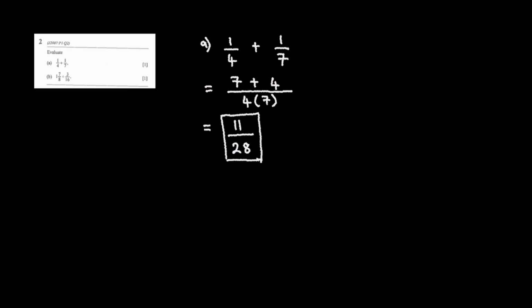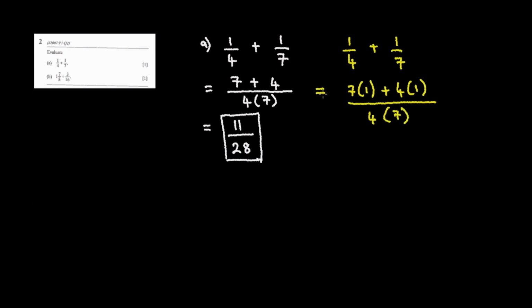Now we do have a quicker way of going about this, which is not so much traditional or conventional, but gets you to the answer. So what you do is you take this 7, you multiply by 1, so it's 7 times 1, plus you take this 4, you multiply by 1, 4 times 1. This is over, you take the denominators and you multiply them, 4 times 7.